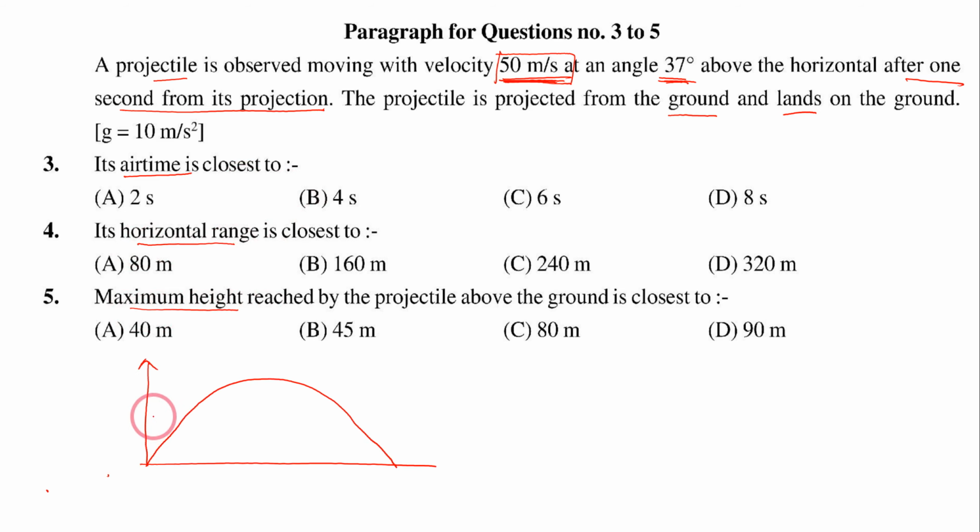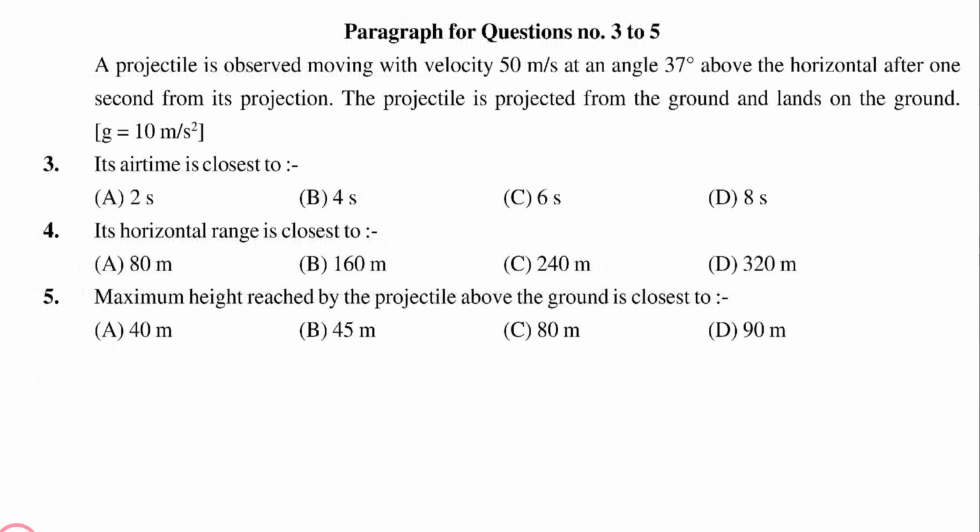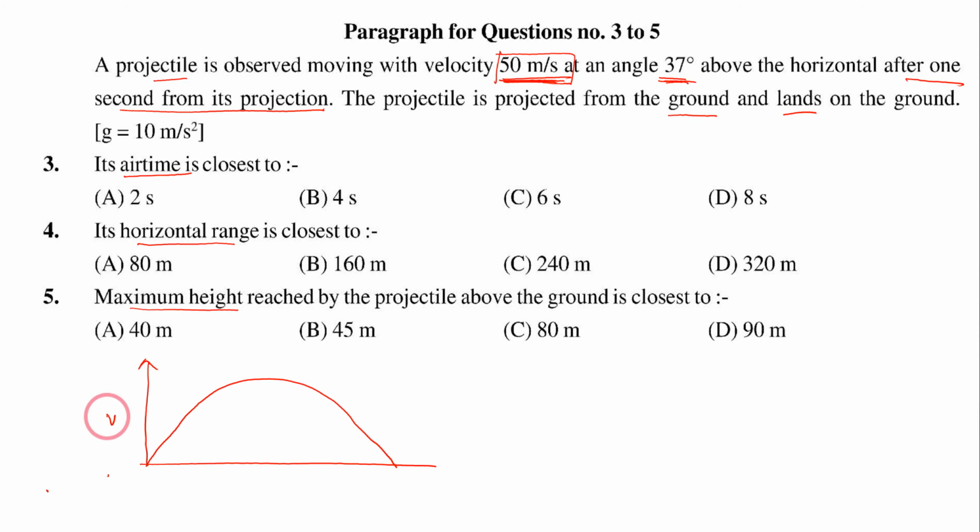So we will assume y-axis velocity as uy and x-axis velocity as ux, and after 1 second, at t equals 1 second, its velocity is 50 and it is making 37 degree over here. So quickly we will resolve on x and y axis.